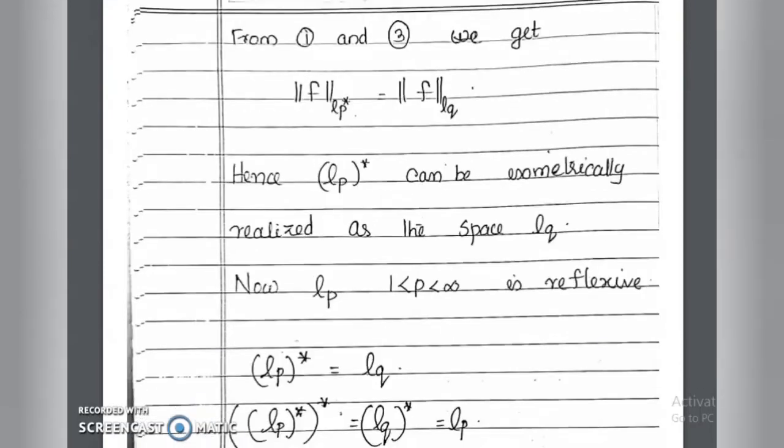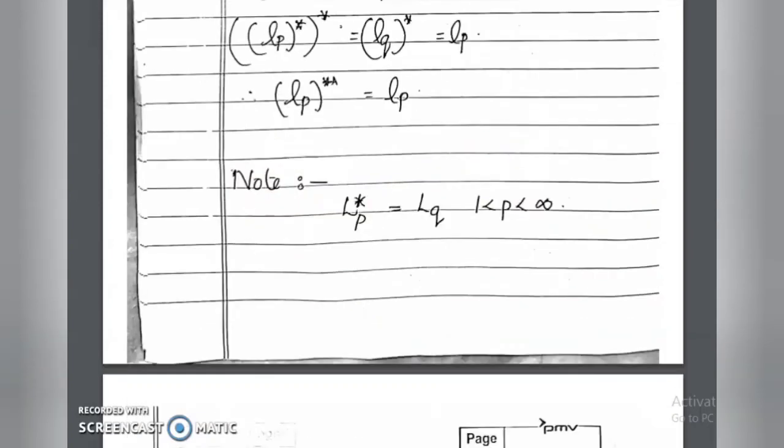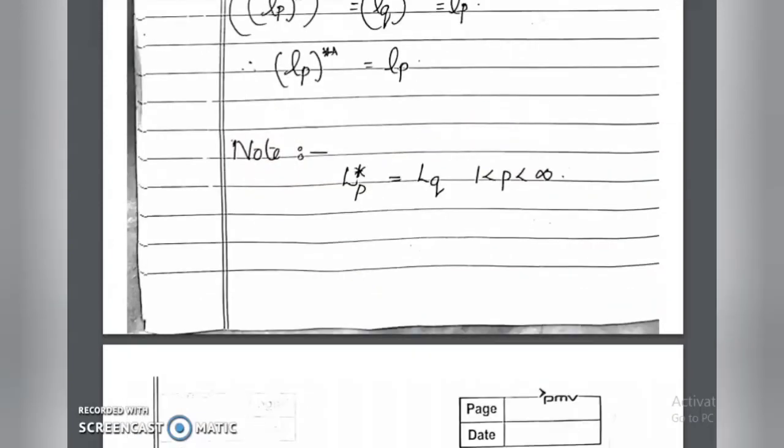Hence LP* is isometrically realized as the space LQ. Now LP is reflexive: LP* is equal to LQ, LP** is equal to LQ*, which is equal to LP. That is, LP** is equal to LP. Similarly, we can prove that LP* is equal to LQ for capital LP and LQ.